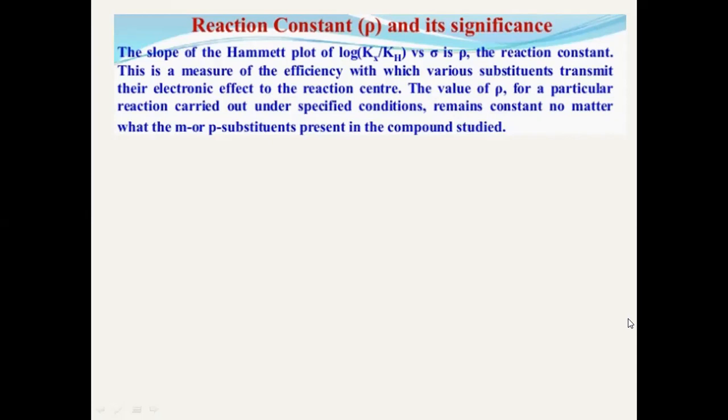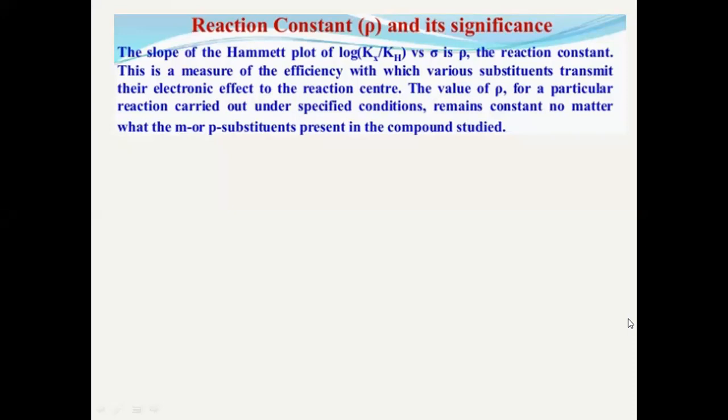Whether they increase the rate of reaction or decrease the rate of reaction. What is their role in RDS, rate determining step? उनका रोल क्या है? That can be identified by use of reaction constant rho.